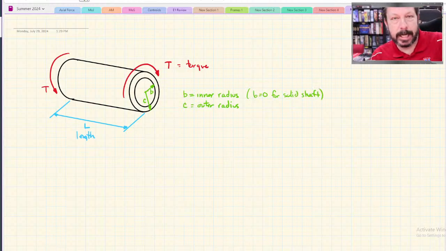So that's how we'll deal with a solid one: we'll just make the inner radius 0.